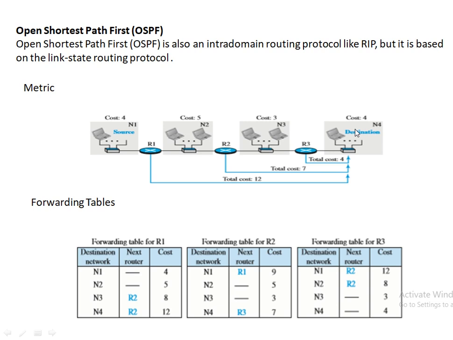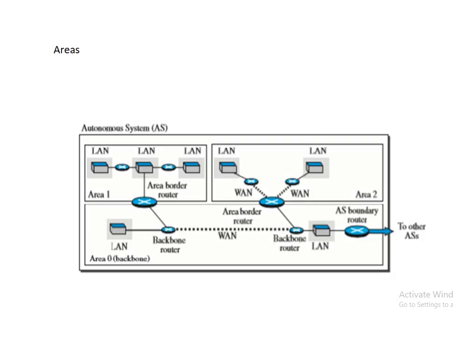Now the main difference between RIP and OSPF is simple. RIP is created for small autonomous systems, but OSPF is created for both small as well as large autonomous systems. If it is a large autonomous system, all the routers have to send the LSP, that is link state packets, to form the LSDB, that is the link state database, which we saw in the link state routing algorithm. If they flood, then obviously the traffic will be a lot.